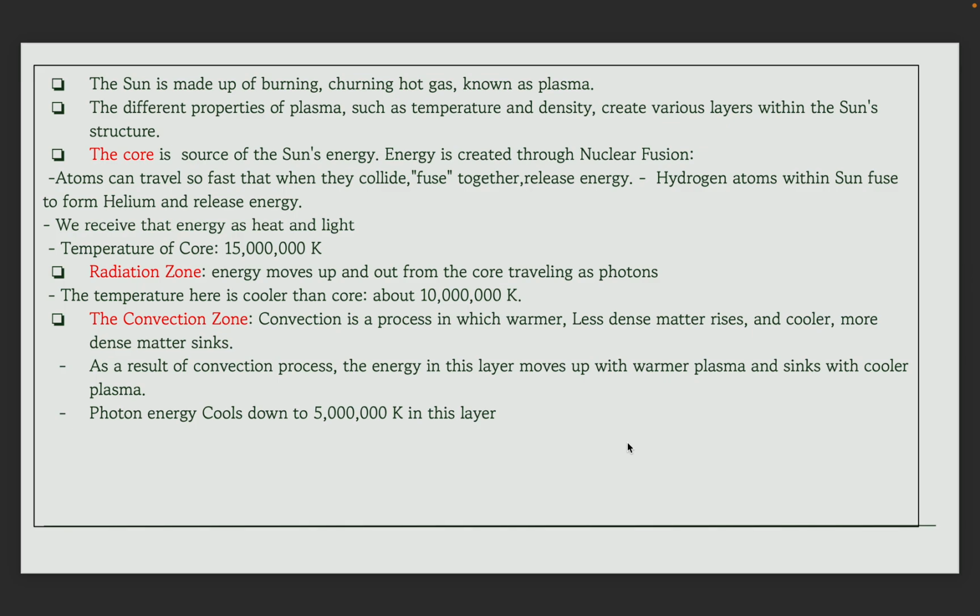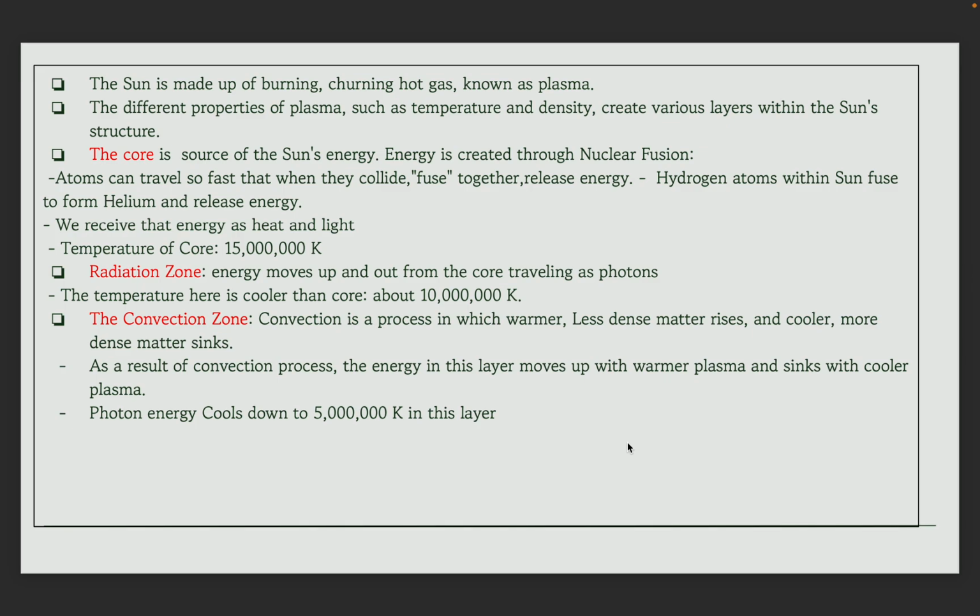The core is the source of the Sun's energy. The energy is created through nuclear fusion. Atoms travel so fast that they collide and fuse together and release energy. Hydrogen atoms within the Sun fuse together and form helium, and in this process some amount of energy gets released. We receive that energy in the form of heat and light.